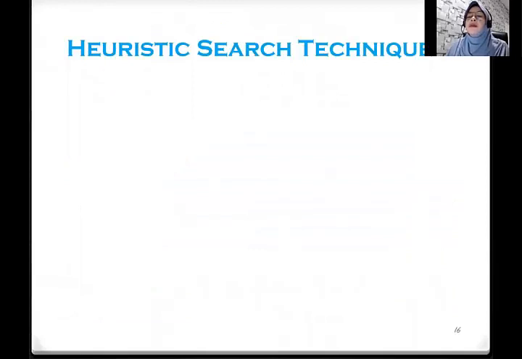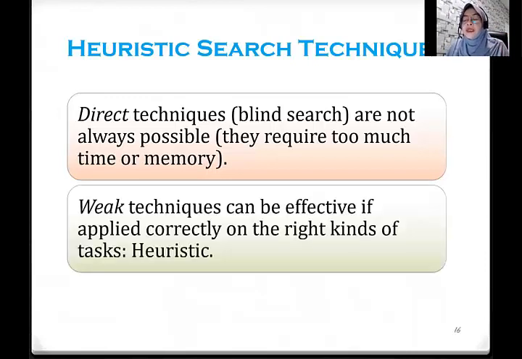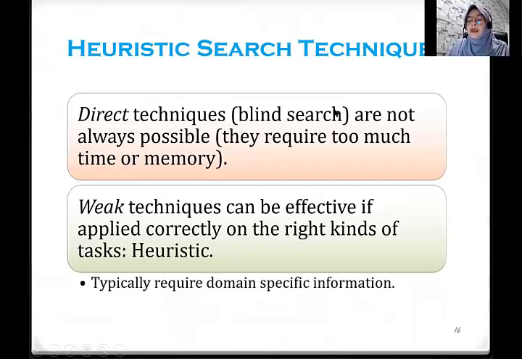Let's have a look at what the heuristic search techniques are. Direct techniques, that is blind search, are not always possible because they require too much time or memory. So which technique can be effective if applied correctly on the right kind of task? This is called heuristic. Typically it requires domain-specific information.